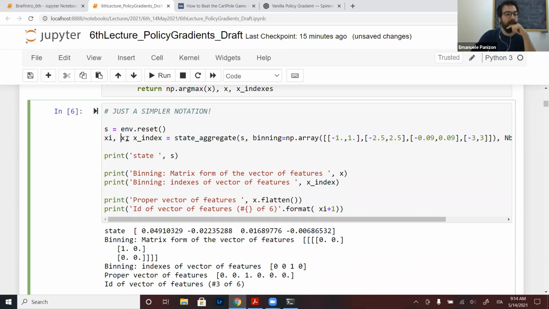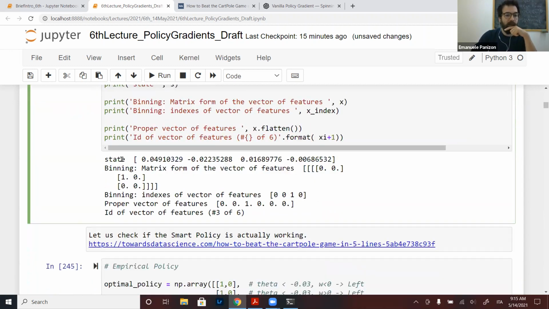The second one is x, which is in a sense the proper vector of features. So it's a vector with 0 everywhere and only 1 where we are, which is the true vector of features, because the vector of features has the dimensions of x, and then x index was what we used the last time.